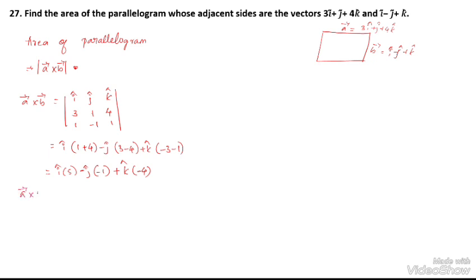Vector A cross vector B is 5 i cap plus j cap minus 4 k cap. Then the magnitude of vector A cross vector B is root of 5 square plus 1 square plus 4 square. Then it becomes 25 plus 1 plus 16.